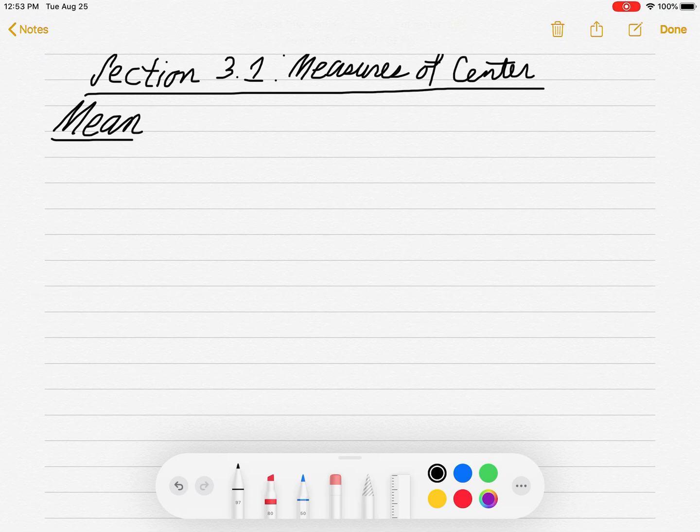So mean is simply average. This is probably the most common, the most popular measure of center.